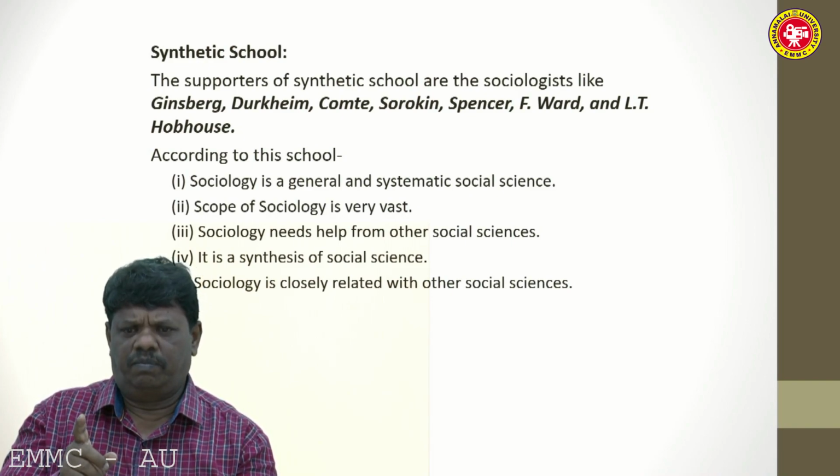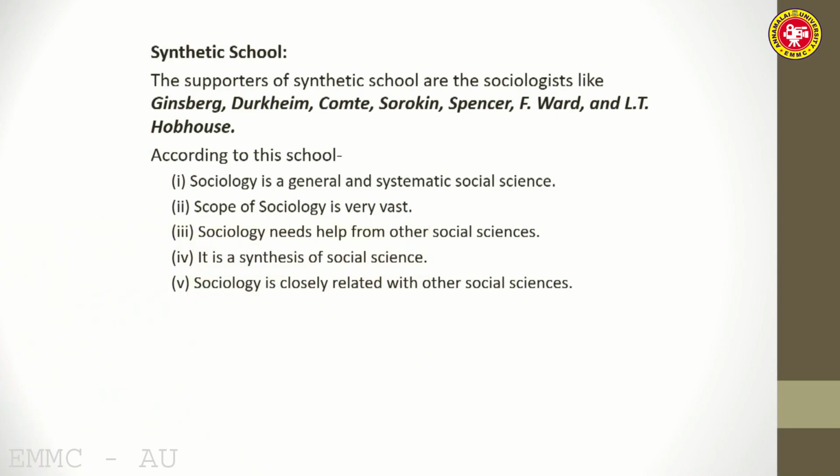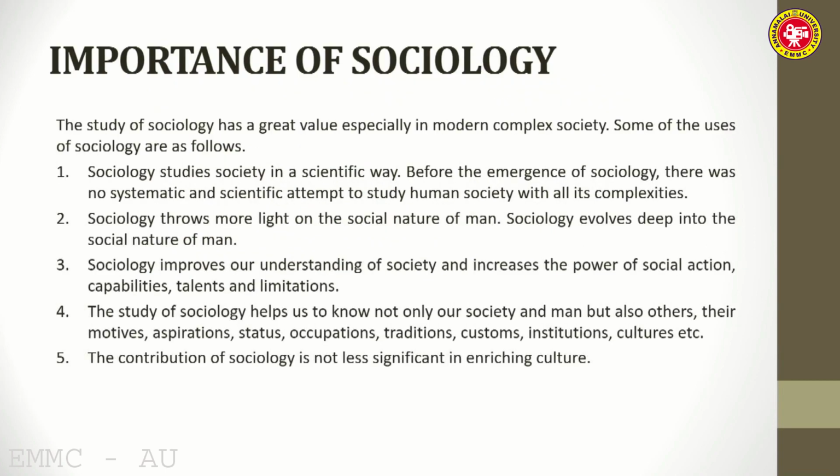Number 3, sociology needs help from other social sciences. Number 4, sociology is a synthesis of social sciences. The last one, sociology is closely related with other social sciences.